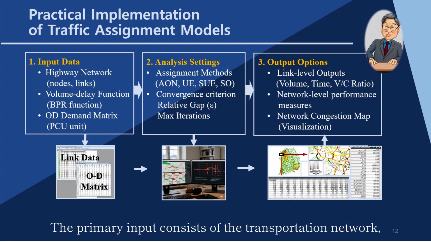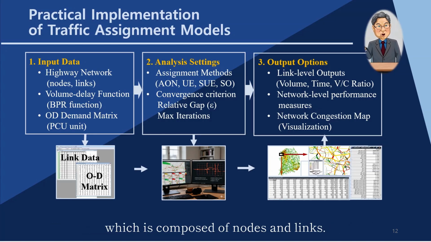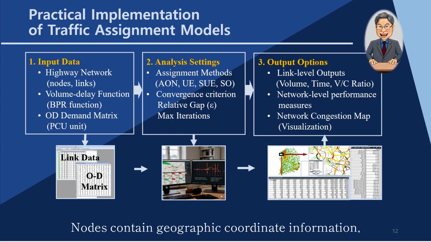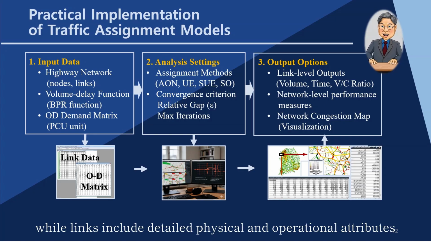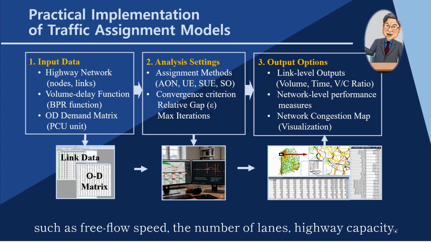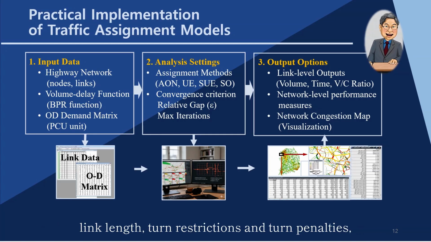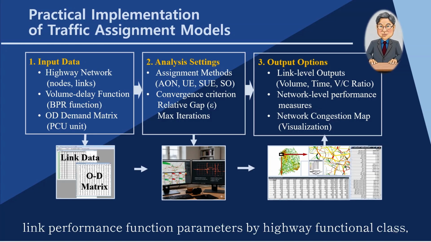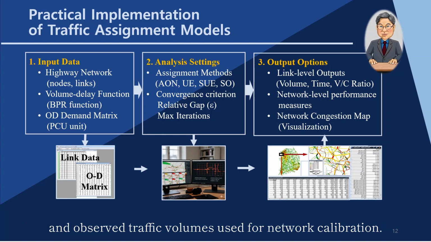The primary input consists of the transportation network, which is composed of nodes and links. Nodes contain geographic coordinate information, while links include detailed physical and operational attributes, such as free flow speed, the number of lanes, highway capacity, link length, turn restrictions and turn penalties, link performance function parameters by highway functional class, and observed traffic volumes used for network calibration.